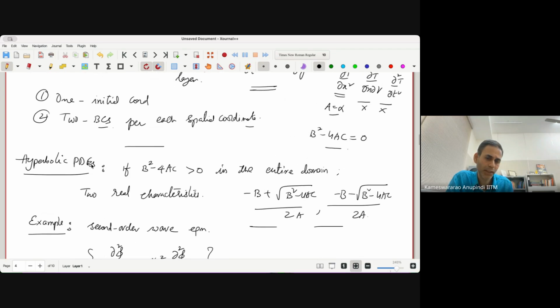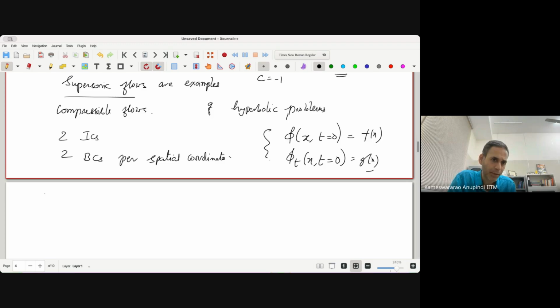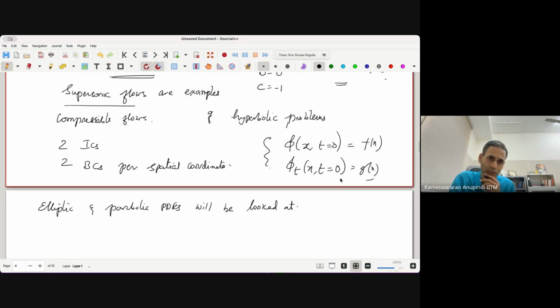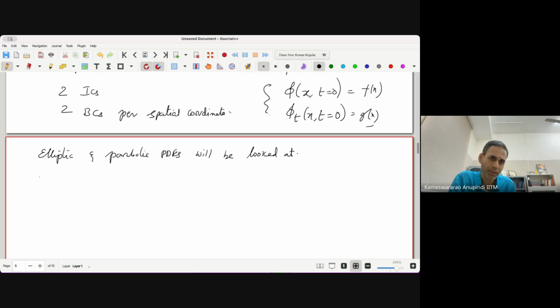We are going to only look at the elliptic and the parabolic PDEs in this course. But nonetheless, hyperbolic problems are good to understand the characteristic lines and so on. Okay, so essentially there exists something that is known as the method of characteristics.